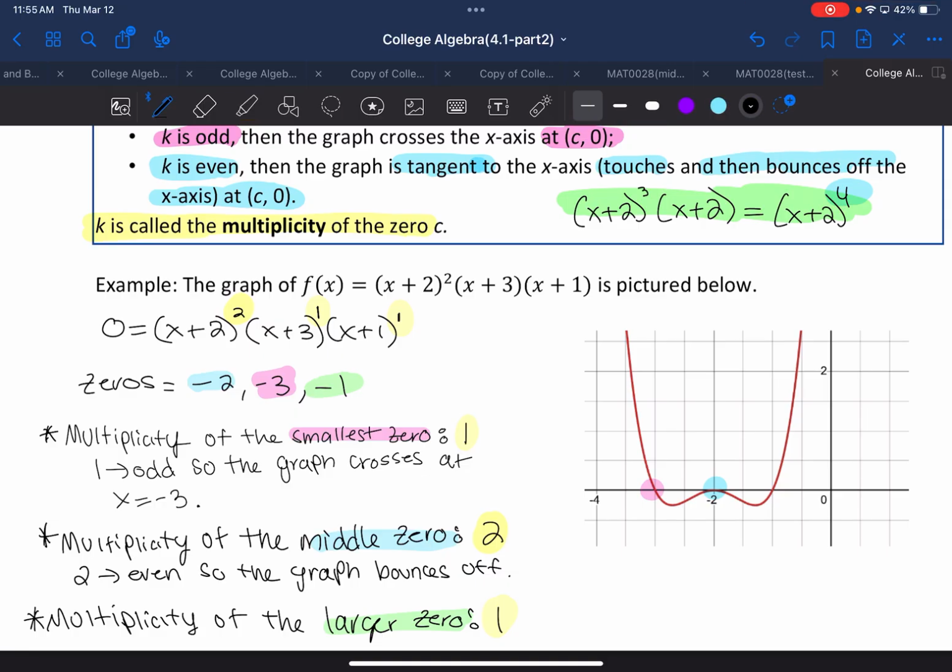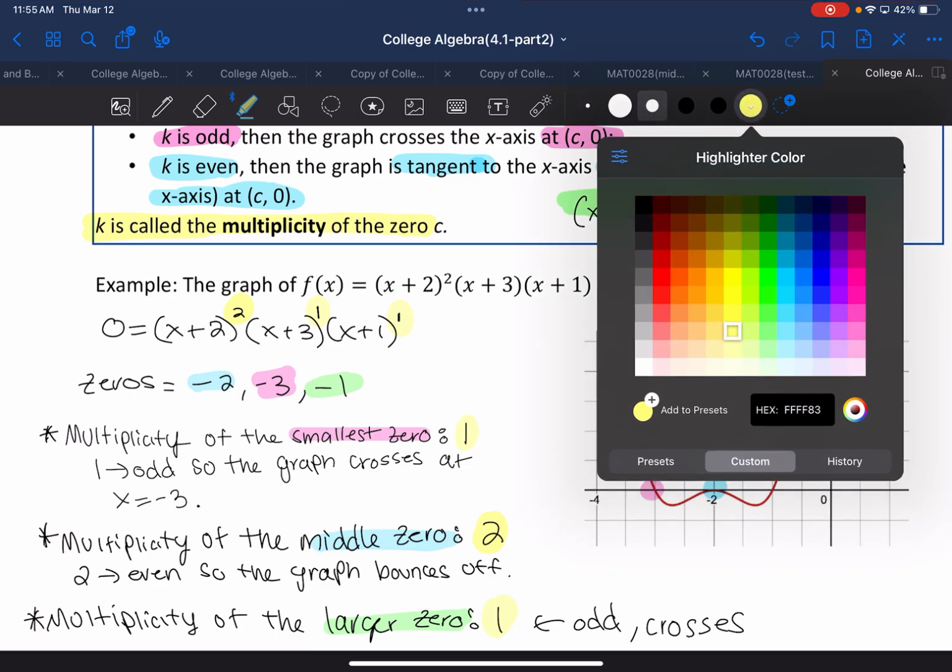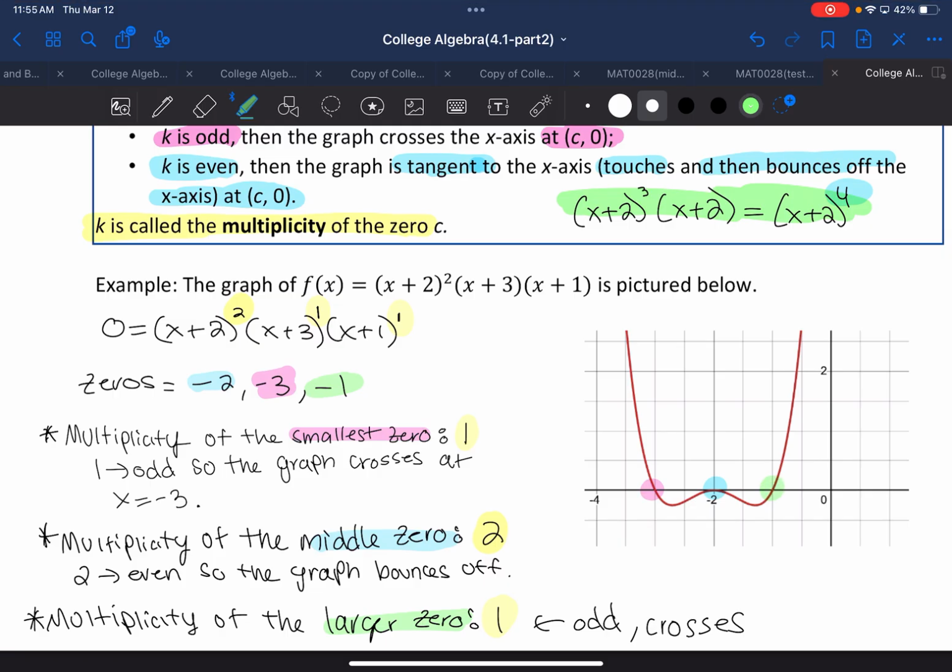So this one also crosses. Which we see in the graph because it crosses at that x-intercept right there. So this is just another property that you can use to analyze graphs, or use process of elimination to pick the right graph, because you can look at the multiplicity of the 0 and see whether it's crossing or bouncing off like it should.